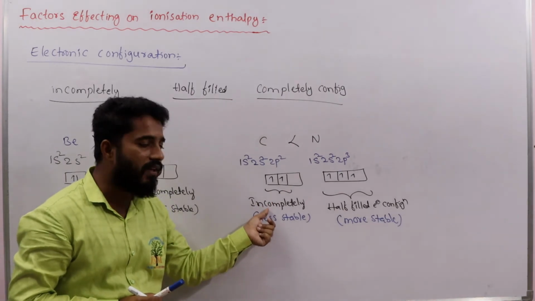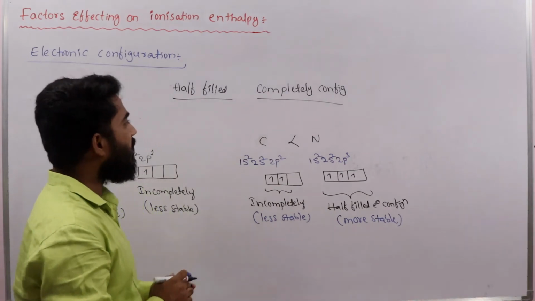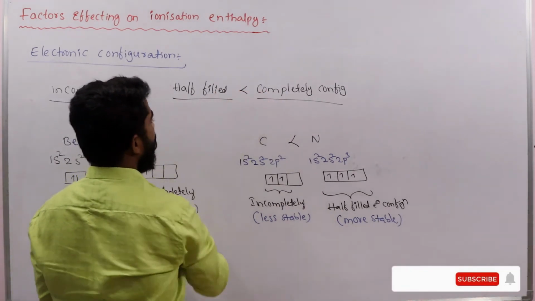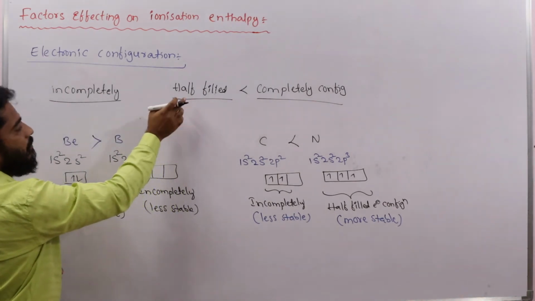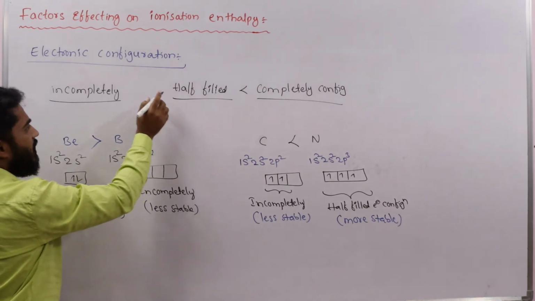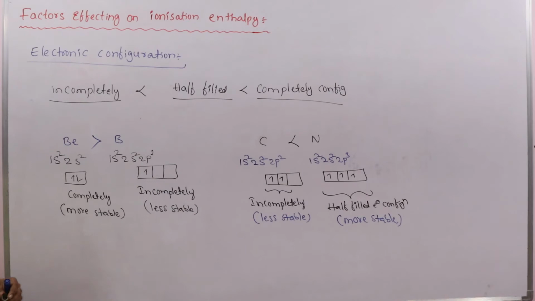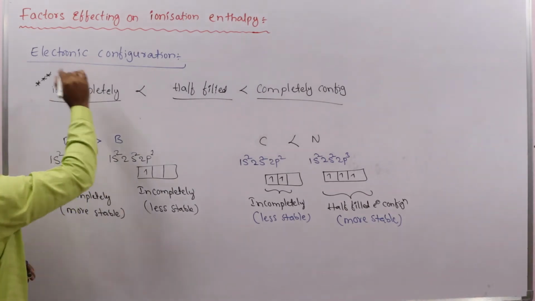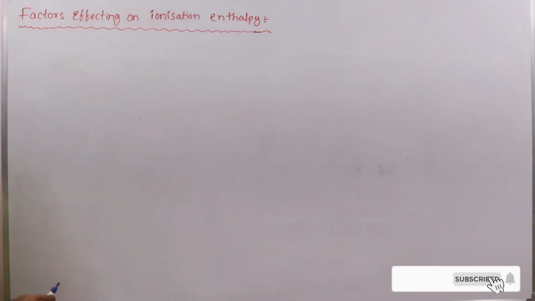Because of the incompletely filled configuration. So we can say a completely filled configuration requires more ionization energy than a half-filled one, and half-filled requires more than an incompletely filled electronic configuration. This order is very important. Next factor, penetrating power.